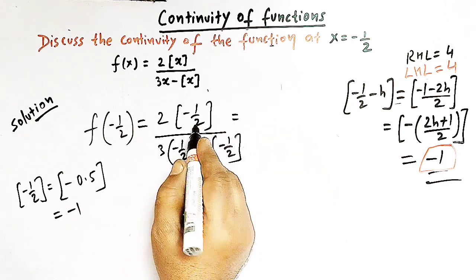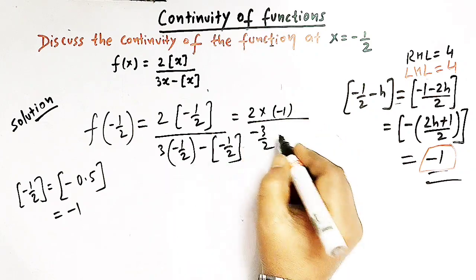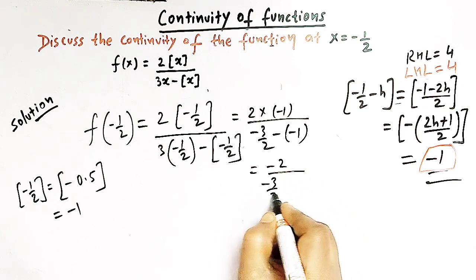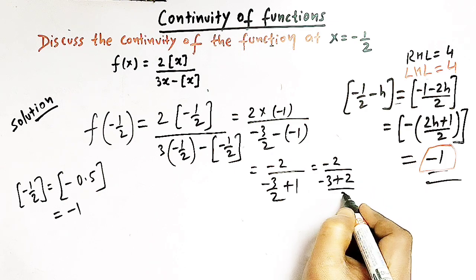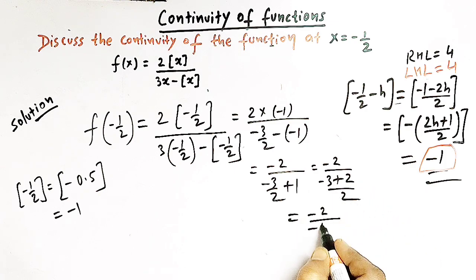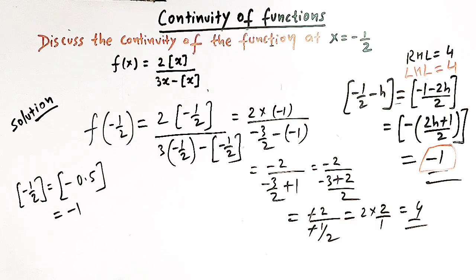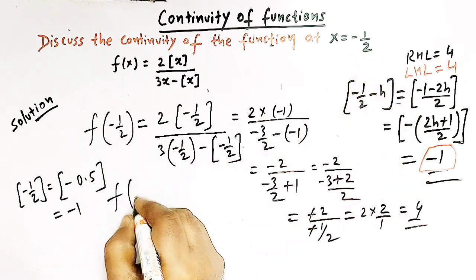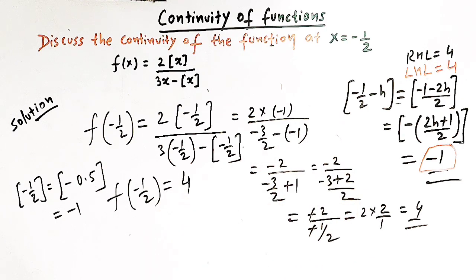So we have here 2 times minus 1, then minus 3 by 2 minus minus 1. So this is minus 2 minus 3 by 2 plus 1, that is minus 2 over minus 1 over 2. So this is 2 times 2 over 1, that is 4. So the value of the function at this point, that is x equal to minus half, is also equal to 4.